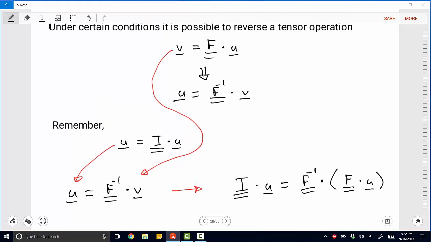So we're simply replacing the u with the identity dot product u, and we're replacing the v with the tensor F dot product u, right?